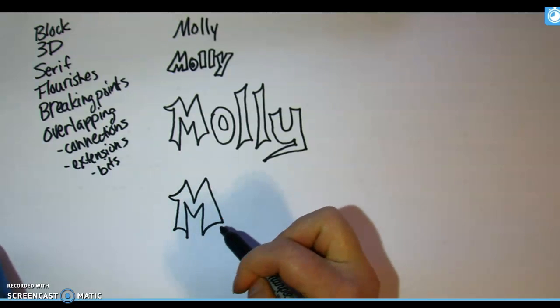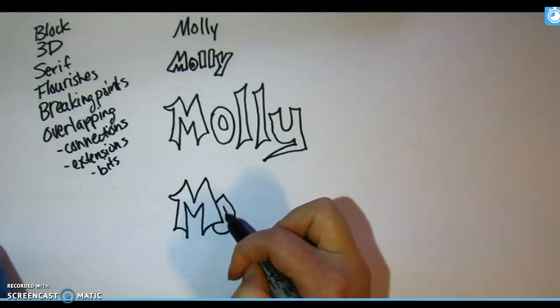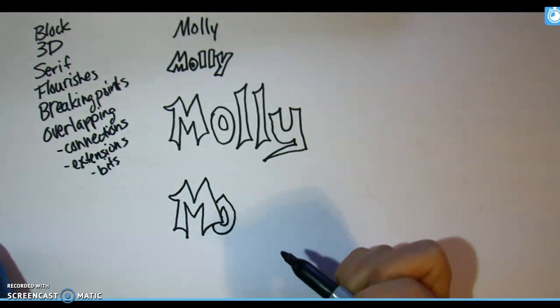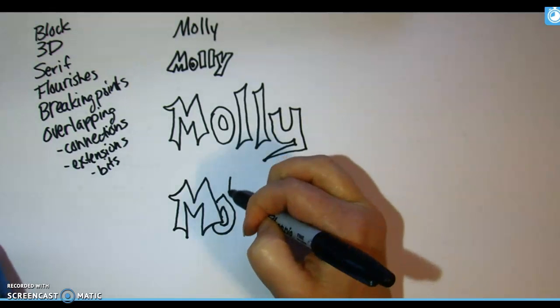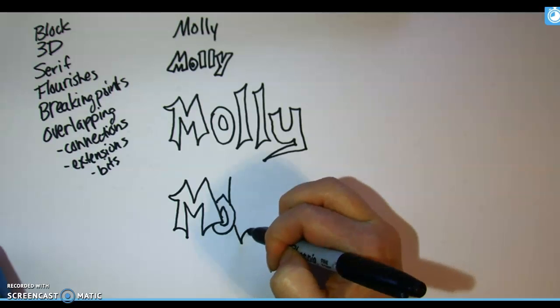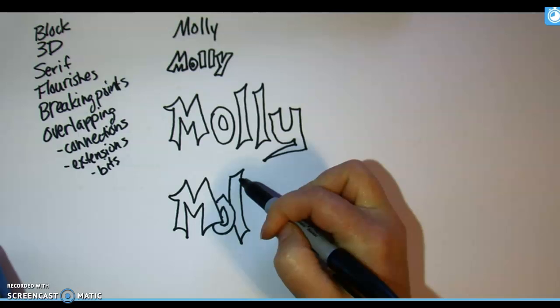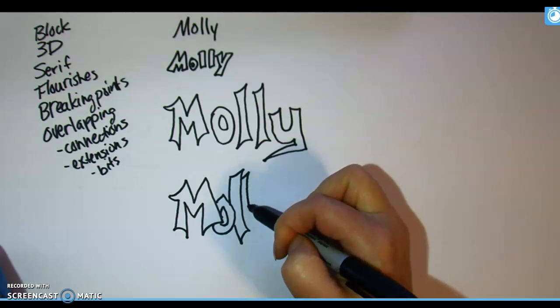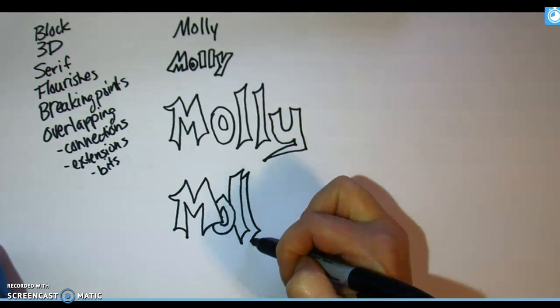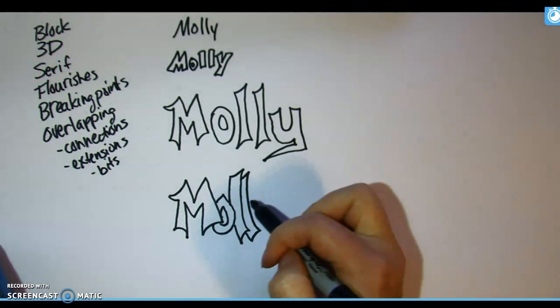So I might move my O over. I might move my L over so that it goes behind my O. I'm going to use that same serif at the bottom and at the top. I'm going to overlap these a little bit so I'm not going to see my whole second L. So I'm smooshing them together.